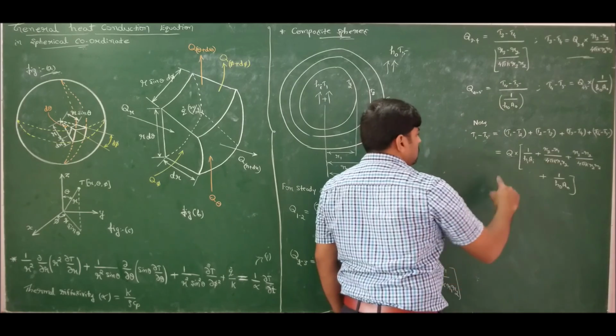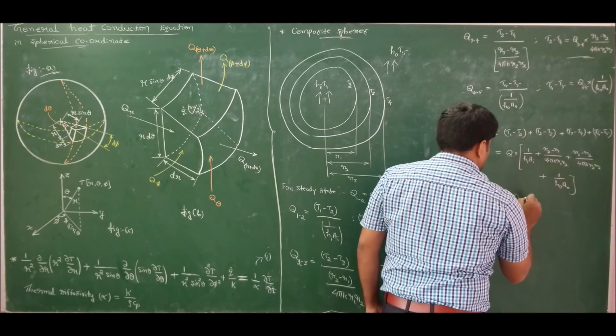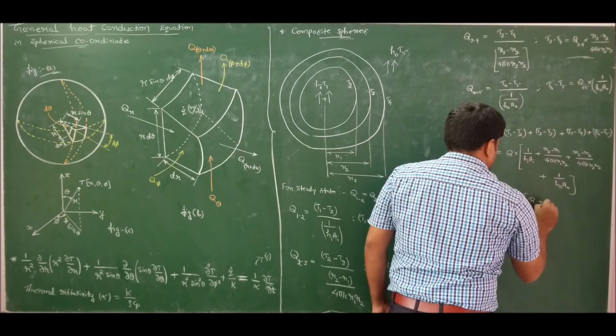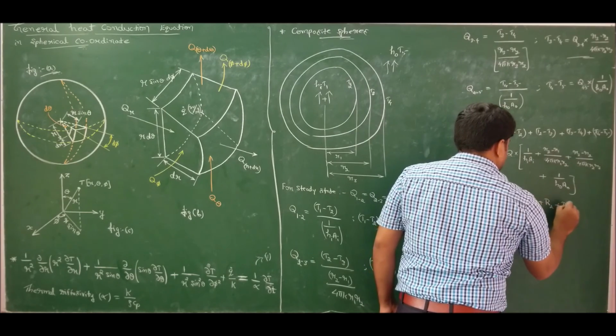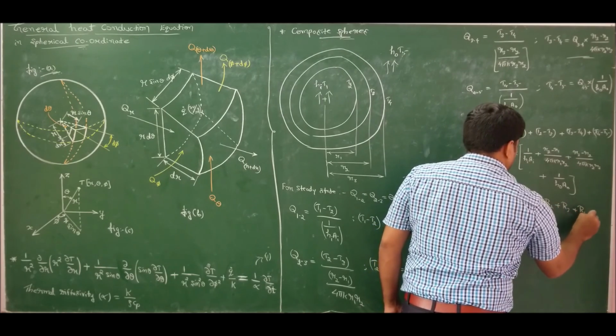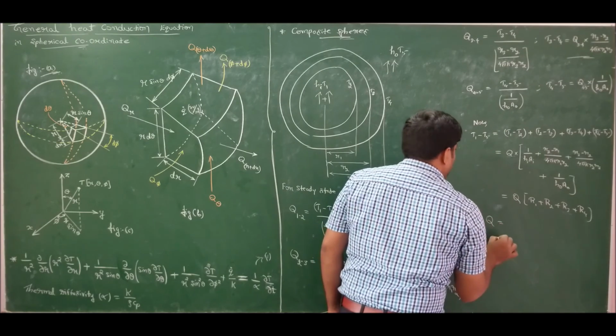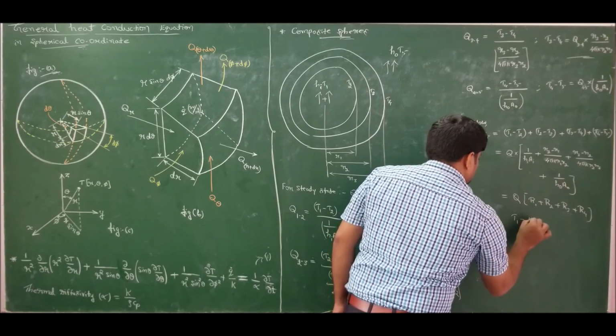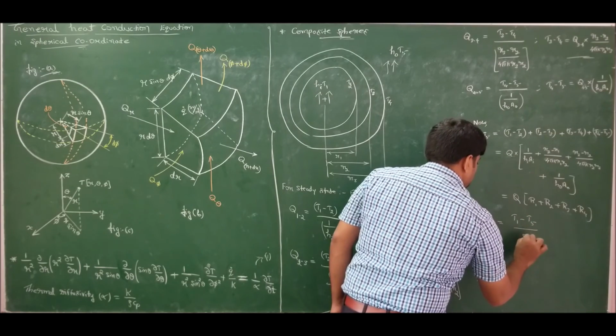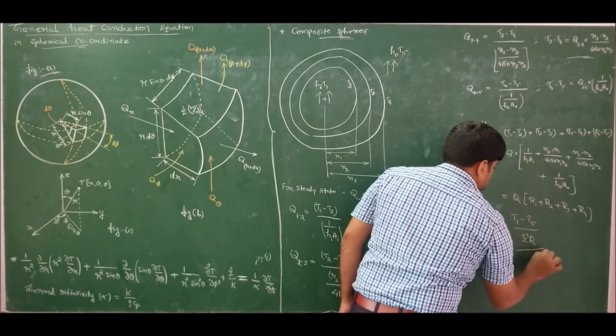Let us call these resistances R1, R2, R3 and R4. Hence I can write the rate of heat transfer for a composite sphere as T1 minus T5 divided by the summation of resistances.